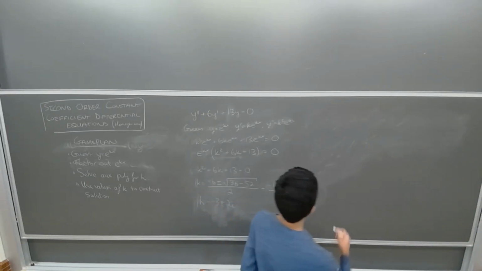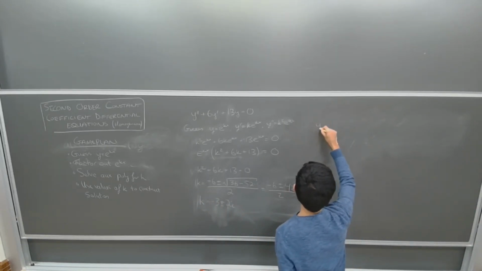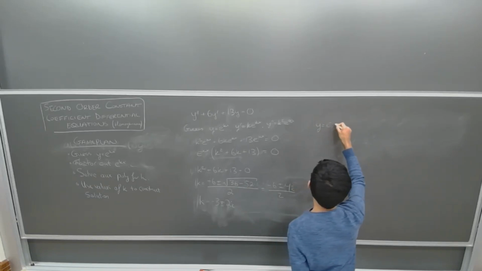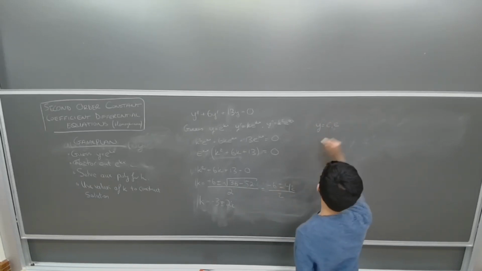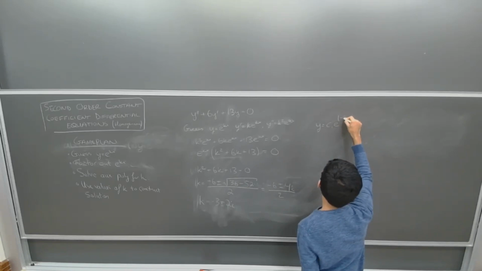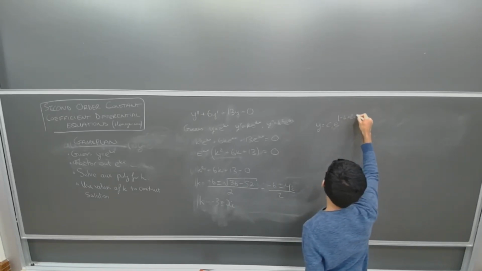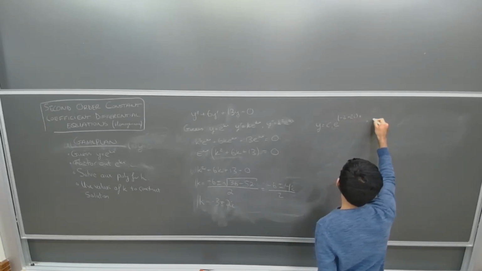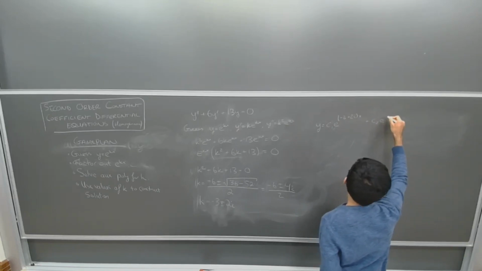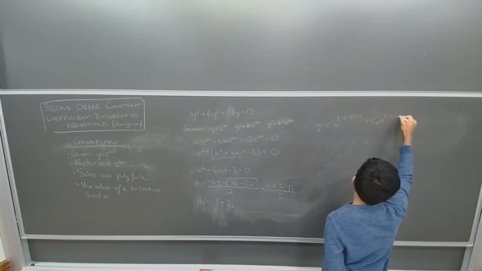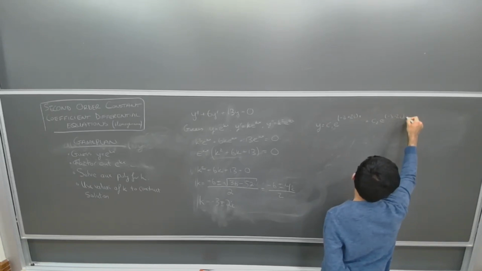Cool, so our solution would say that we should write y equals c1 e to the, choose your favorite root, negative 3 plus 2i x, plus c2 e to the negative 3 minus 2i x, right?